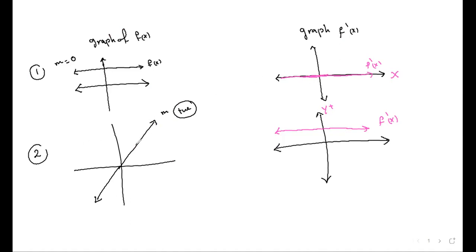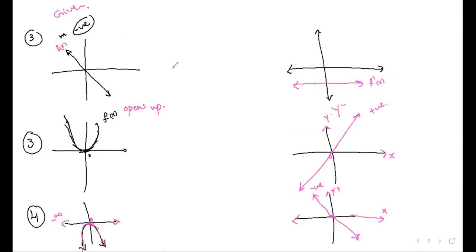If the graph of the given function is linear with positive slope, the graph of its derivative is a horizontal line intersecting the positive part of the y-axis. If the graph of the given function is a linear function with negative slope, the graph of its derivative is a horizontal line intersecting the negative part of the y-axis.